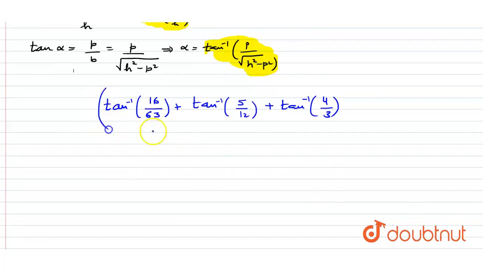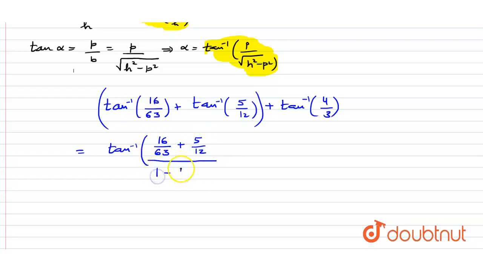Let us first solve this particular thing. Since 16 by 63 is less than 1 and 5 by 12 is less than 1, and both are positive numbers, this can be written as tan inverse of 16 by 63 plus 5 by 12 upon 1 minus 16 by 63 into 5 by 12, plus tan inverse of 4 by 3.